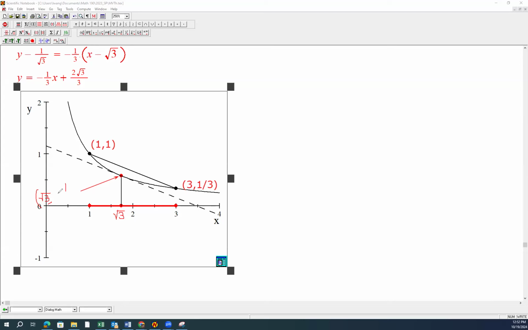That's going to be 1 over root 3. So that's the point on the curve. And so here's the tangent line. So this tangent line is parallel to the secant line. So that's the kind of c we're looking for.